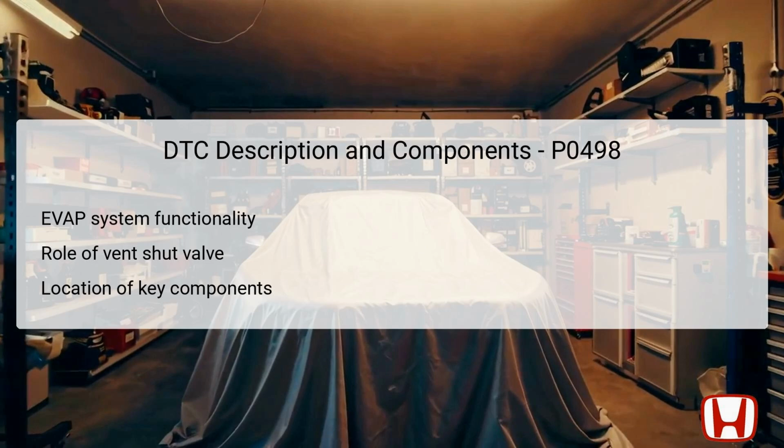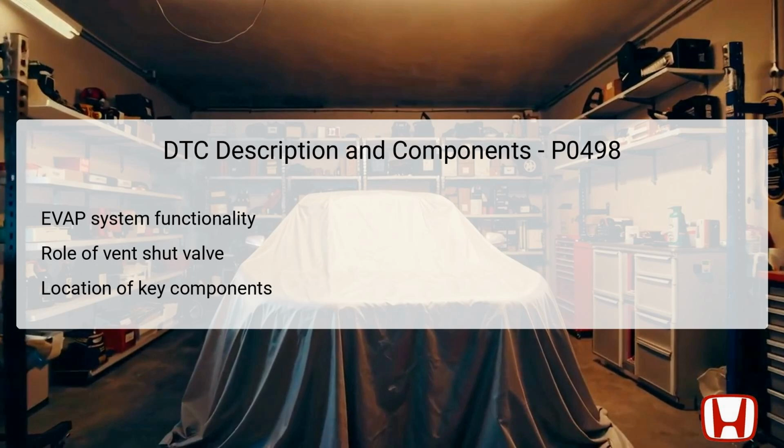The EVAP system is integral to the vehicle's emissions control strategy. It captures and recycles fuel vapors, reducing harmful emissions that contribute to air pollution. At the heart of this system is the EVAP canister vent shut valve, which operates by opening and closing to control vapor flow from the canister to the engine during certain operating conditions.